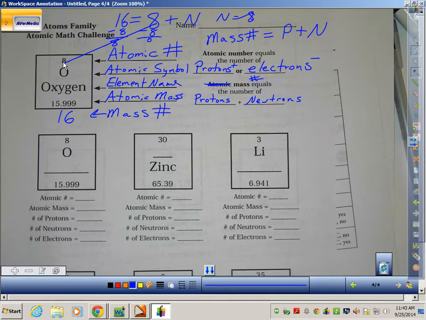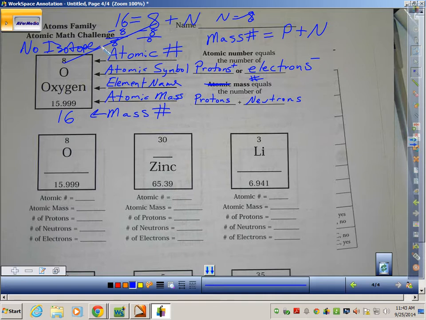Is this an isotope? No. So you need to tell me no isotope. You guys follow that? If they were different, it would be an isotope. Like if I had, let's say, 10 neutrons and 8 protons, it would be an isotope. Are we all clear there?